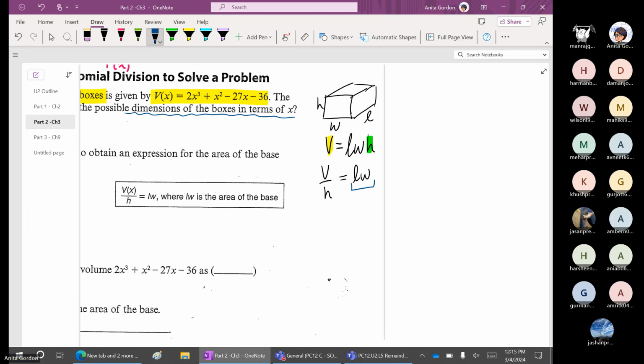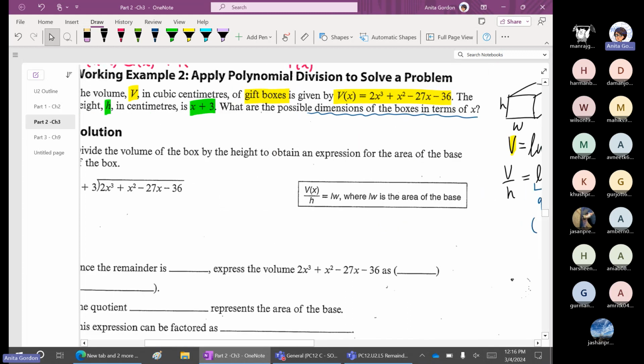What am I left with? A square, or a quadratic, yes. And if I have a quadratic, I can always use a formula or another way of solving it in order to find length and width in terms of x. Okay? That's what we're going to try.